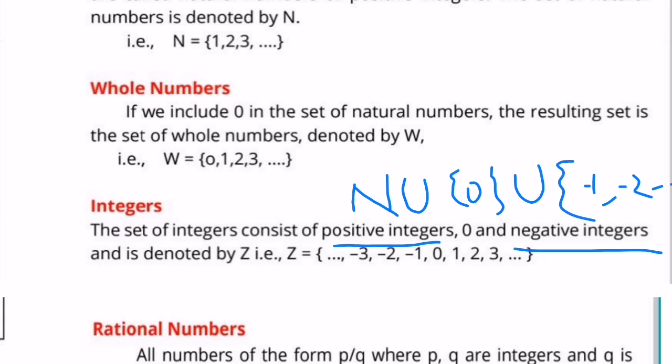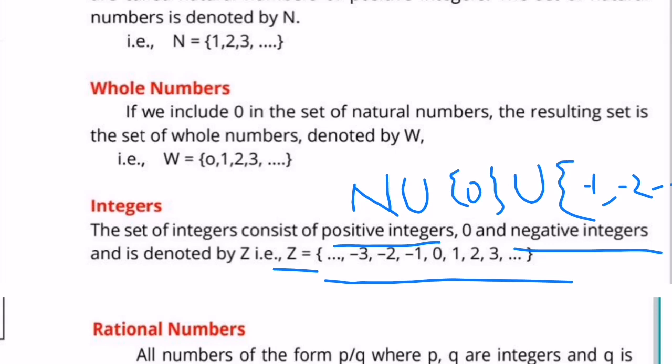Integers are denoted by Z and represented this way: starting from 0, to the right-hand side 1, 2, 3 and to the left side -1, -2, -3.